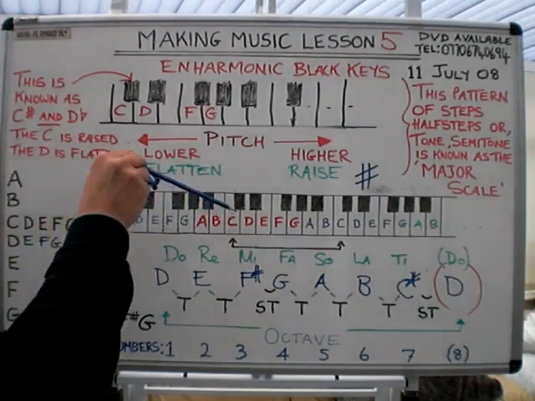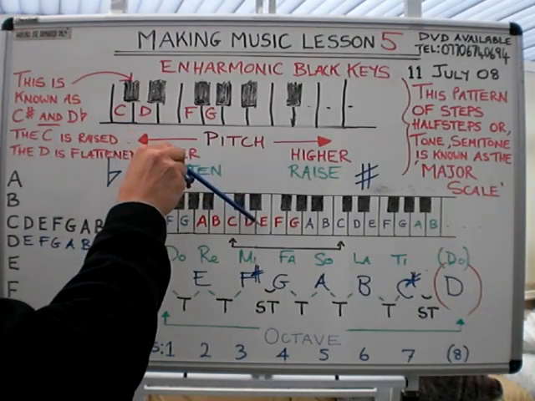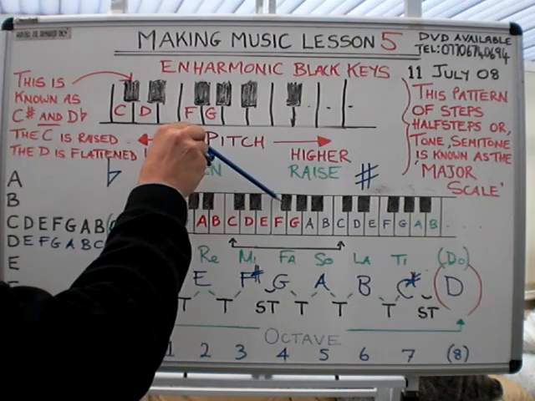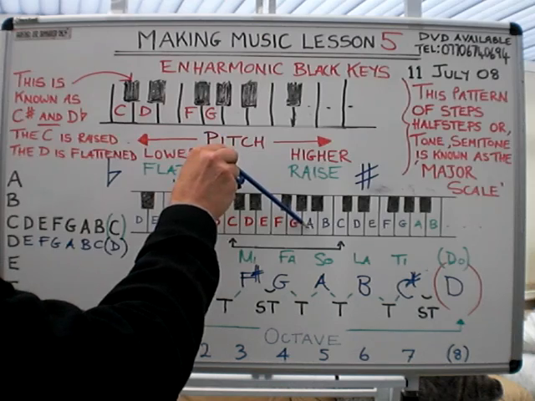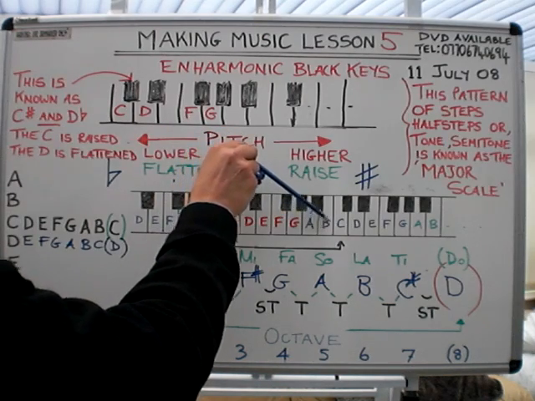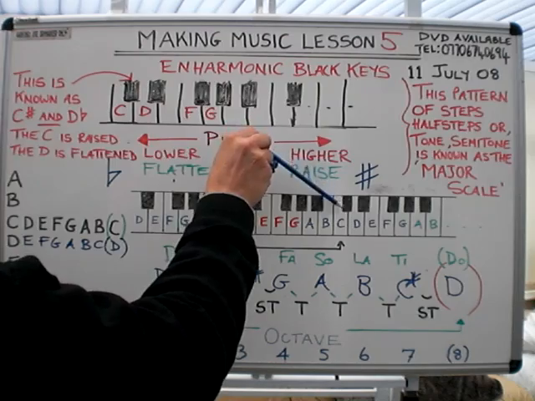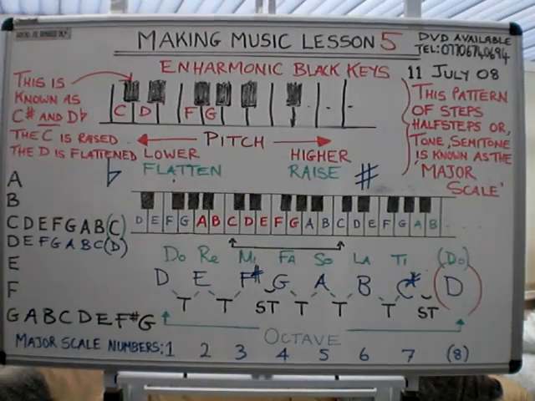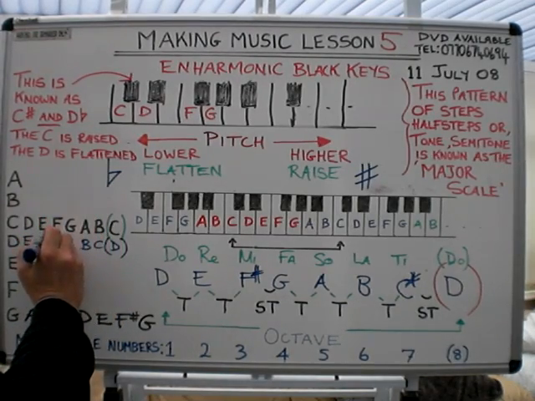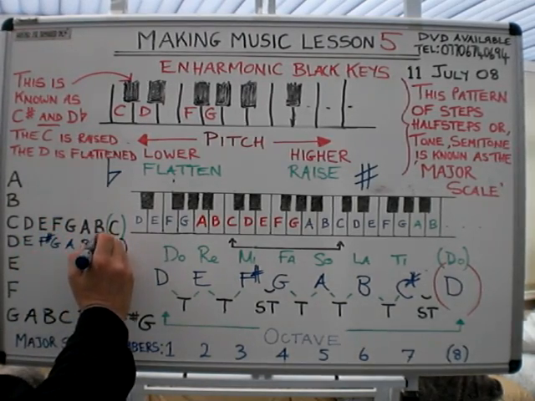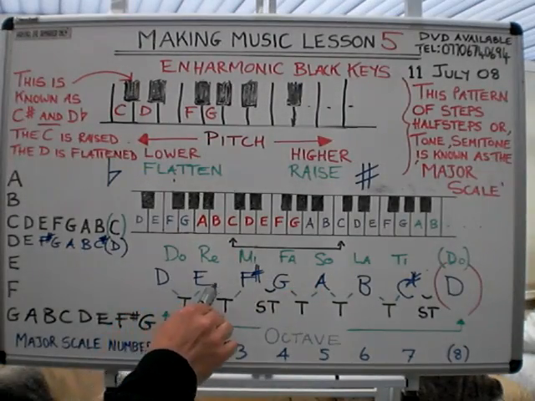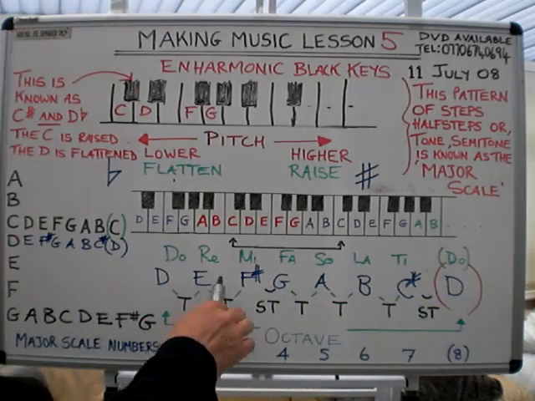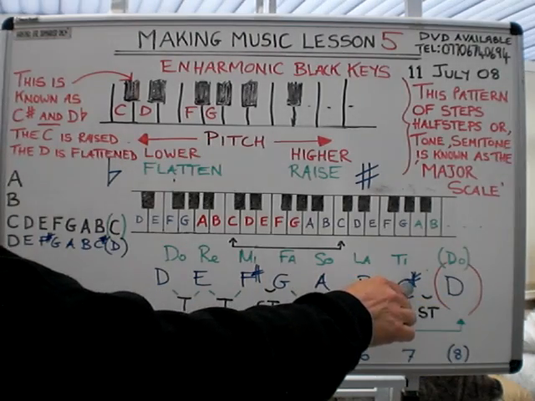Let's just do it again, to show you. Tone, tone, semitone, tone, tone, tone, semitone. So we can add F sharp in here and the C sharps. When we do a major scale of D, D, E, F, G, A, B, C, D, all the F's are sharpened and all the C's are sharpened.